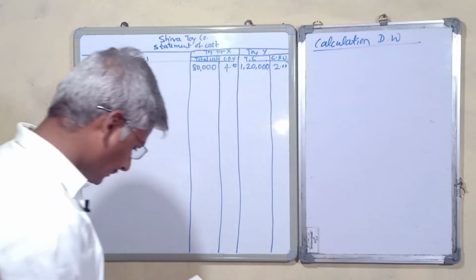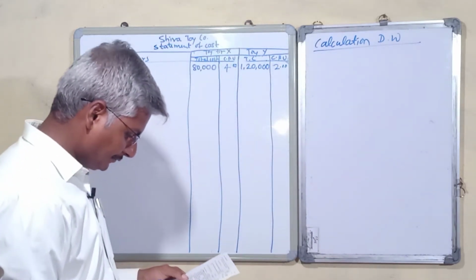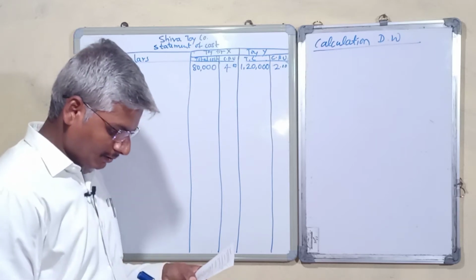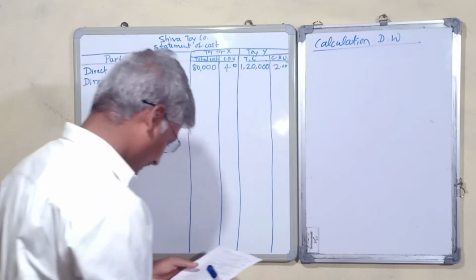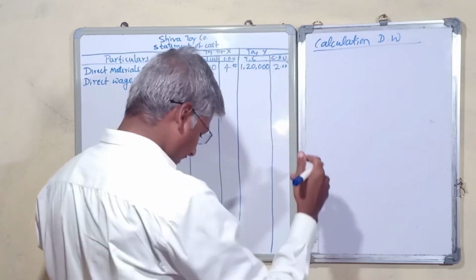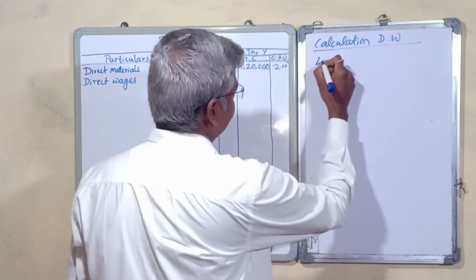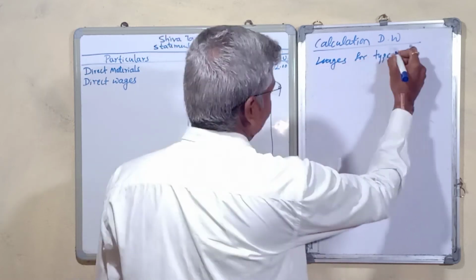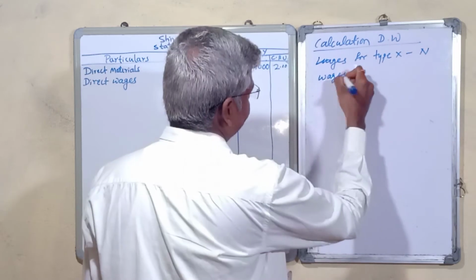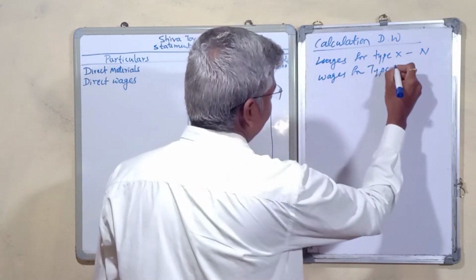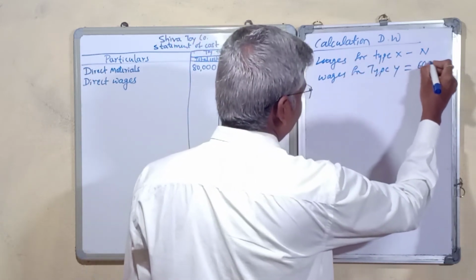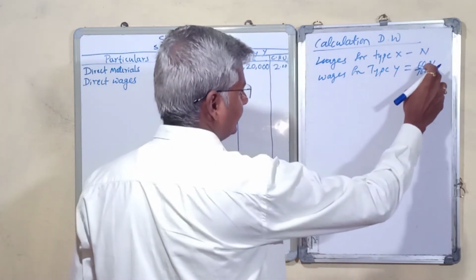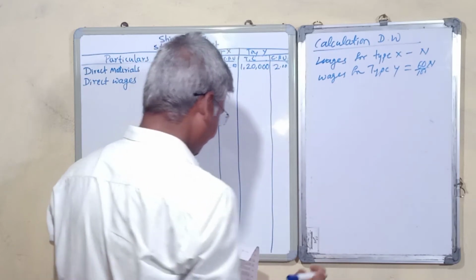They have given direct wages for type Y as 60% of those for type X. Consider that the wages for type X is N, then wages for type Y is 60% of N, that is 60 divided by 100 into N.